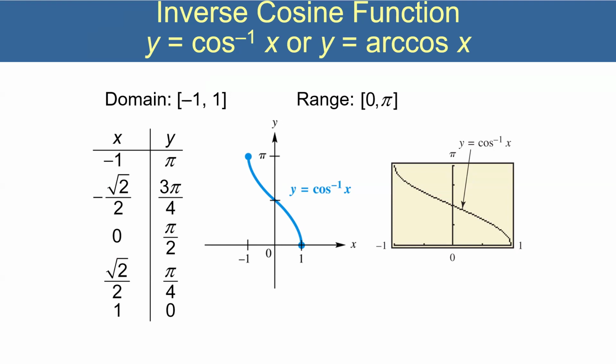If the last one was negative 90 to 90, this one is 0 to 180, 0 to pi. Negative 180 and positive 180 are the same.